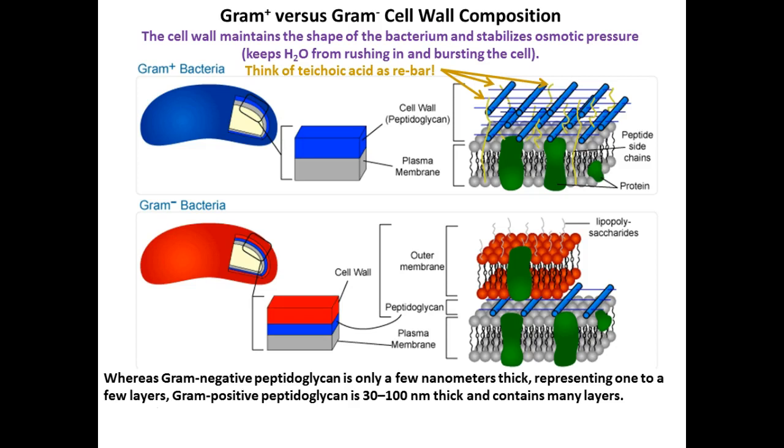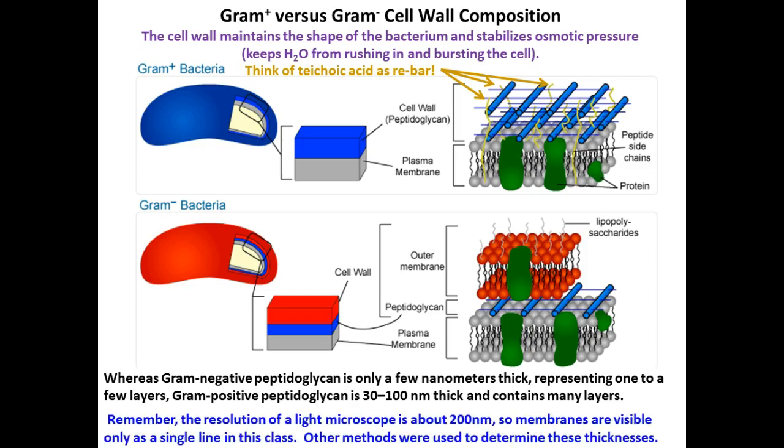You remember? 200 nanometers. Right? So this is too small. This is not within our limit of resolution to be able to see. So it wasn't until the advent of things like electron microscopes that we could see these things in greater detail, see these additional layers, see these different thicknesses.